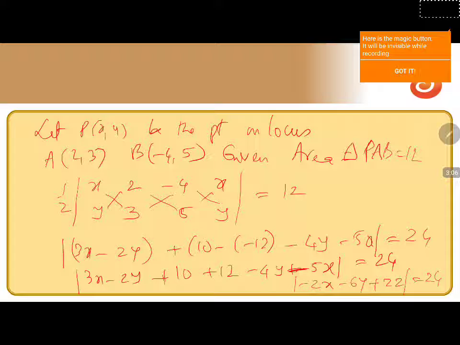So I have now mod of minus 2x minus 6y plus 22 is equal to 24.